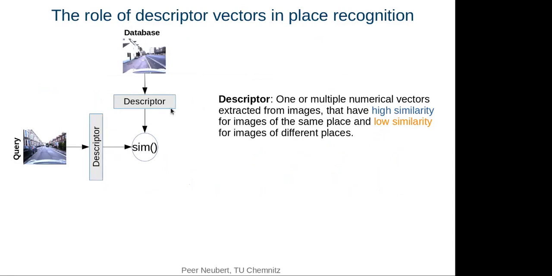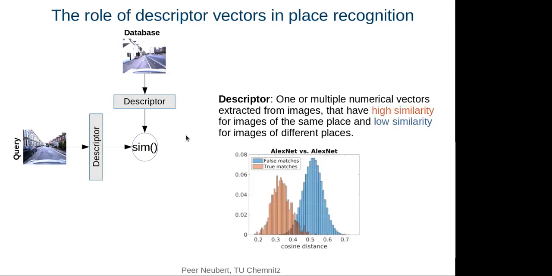So the most important thing is similarity between vectors. If we look at the distribution of those similarities, or in this case, the cosine distance, the high similarity we want for different images of the same place is illustrated by this distribution of true matches.